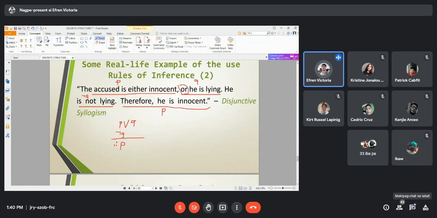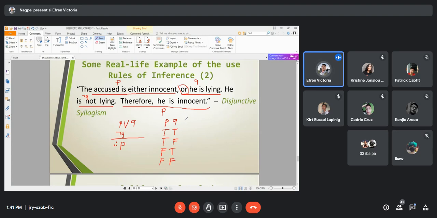Okay, so ano pa yung mali natin? So, gawan muna natin ang truth table para makita natin na merong mali. Okay? So, P, Q, so true, false, true, false, true, false.